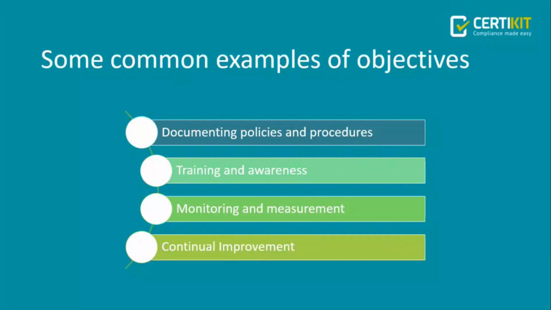And then, of course, continuing improvement. All objectives should be aiming towards continuing improvement. Continuing improvement by itself is not really an objective. I've put it in there because I see this quite often with people, and I say, well, what part of continuing improvement are you going to do? And they say, oh, all of it. Okay, so is that SMART?